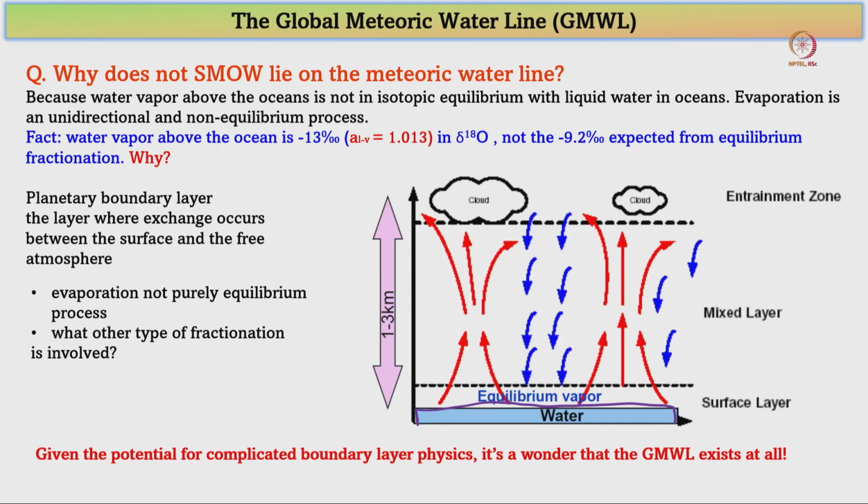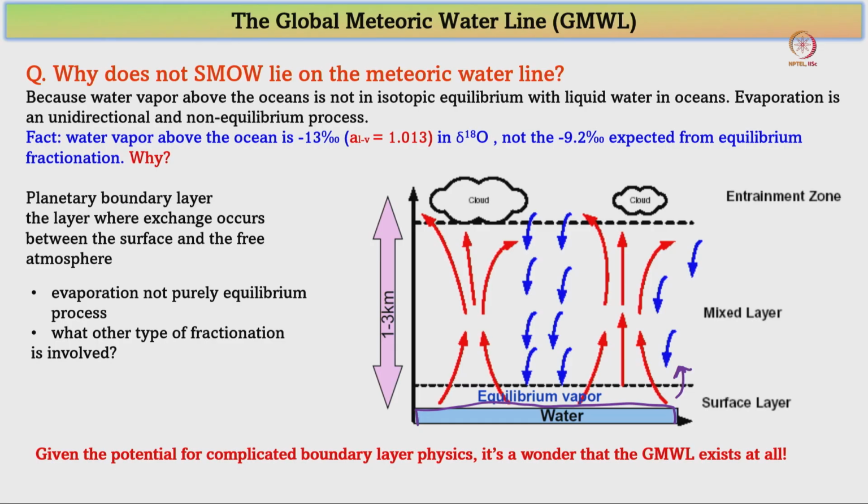Now, here we have different stratifications as well. So, we are just touching the surface of the ocean water, a particular layer of vapor from which we are getting this mixed layer.